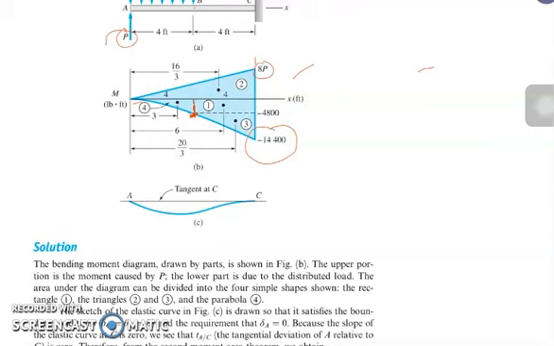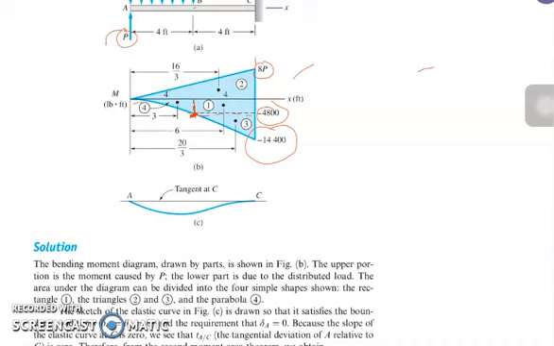So we get 4,800. So that is negative 4,800. So we have now the intensity at this point. You can draw here a broken line, and this portion will have a rectangular shape.